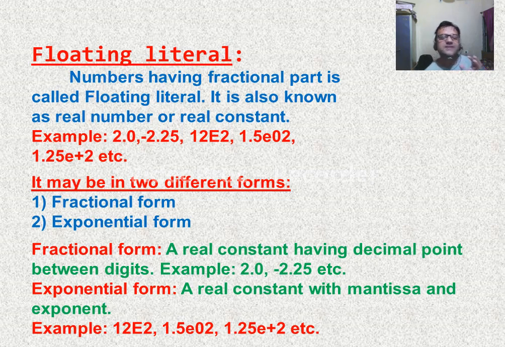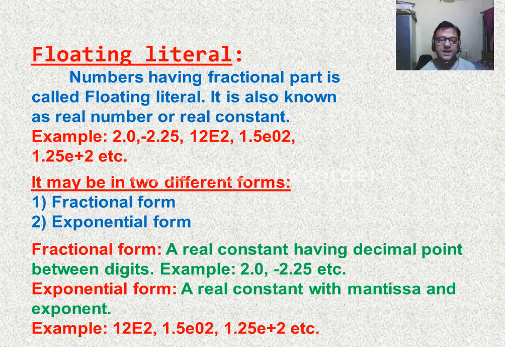So what exactly e is and what are the forms to represent the floating literal, now I am going to explain. A fractional number, meaning a floating number, may be in two different forms. First one is fractional form and second one is exponential form.